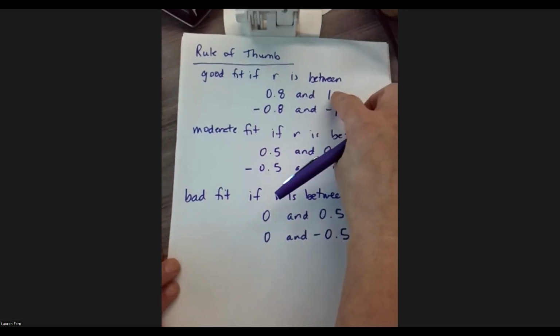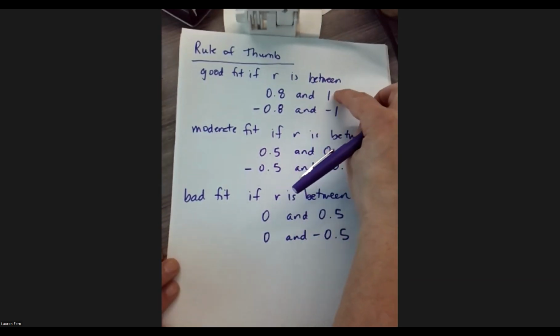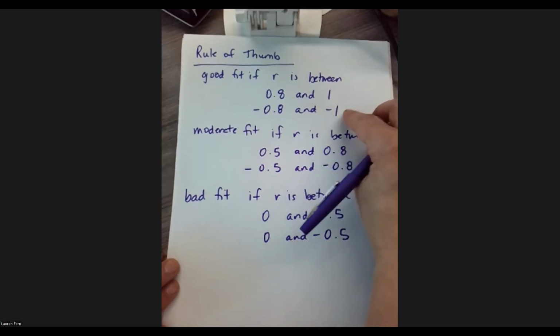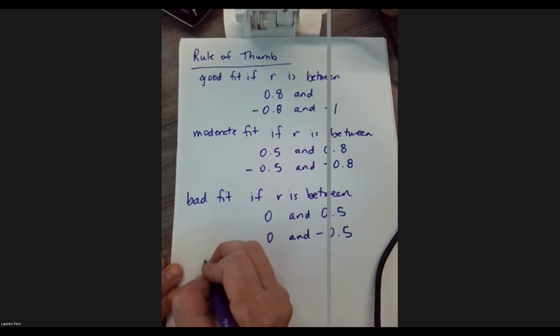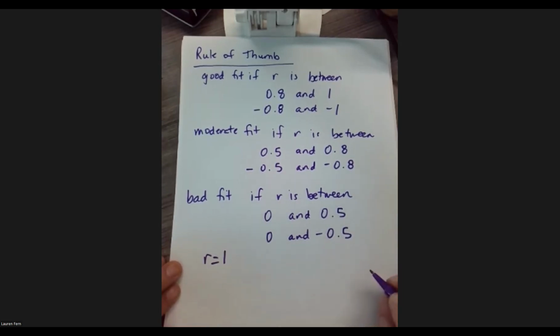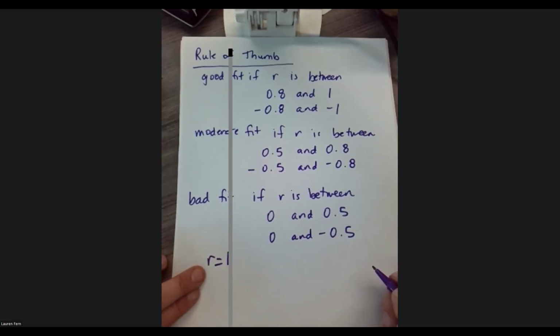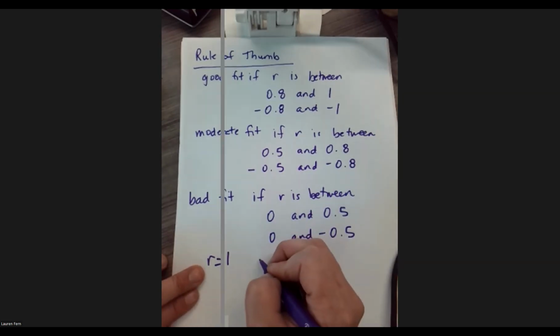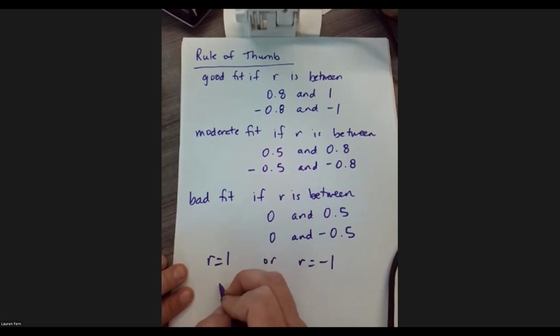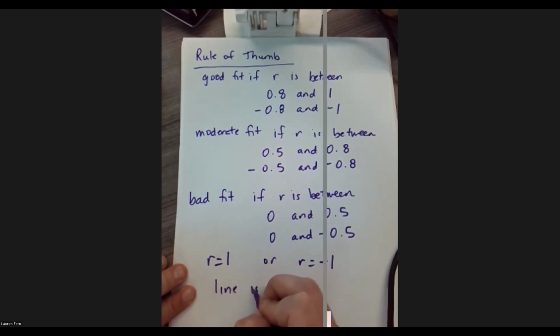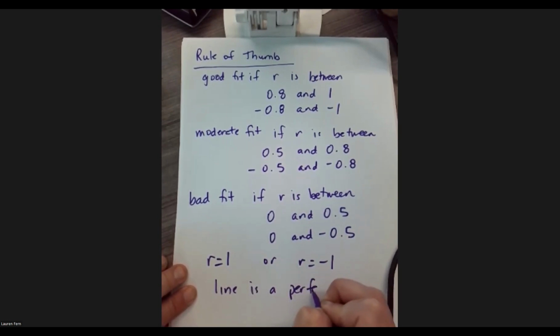Essentially, what we're saying is the closer our correlation coefficient is to 1 or -1, the better of a fit it is. If you actually come up with a line that has a correlation coefficient either equal to 1 or -1, that means that the line is a perfect fit for the data.